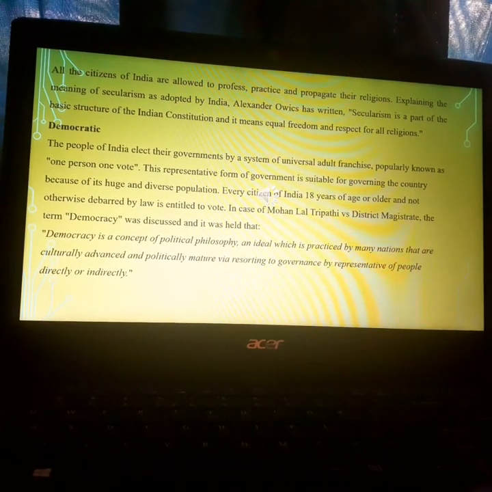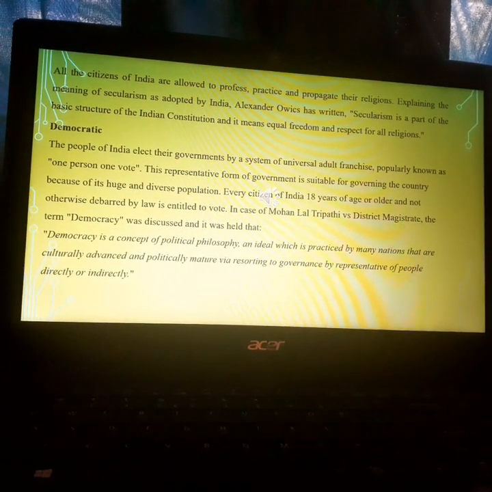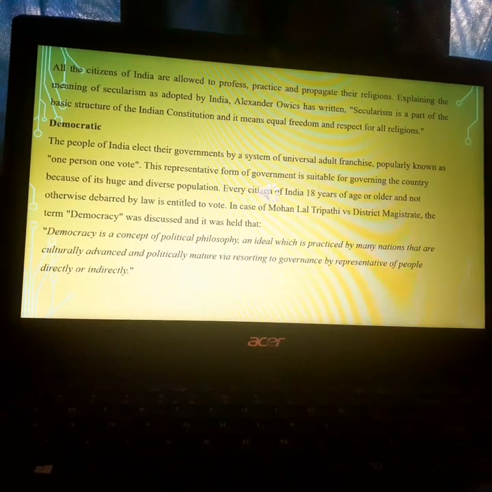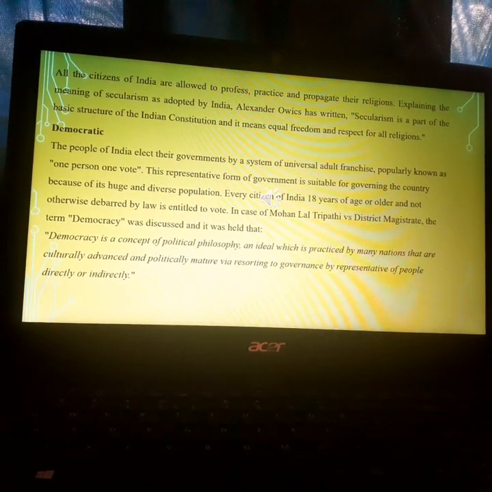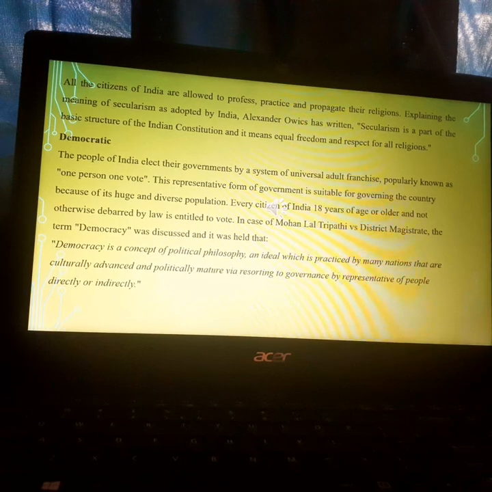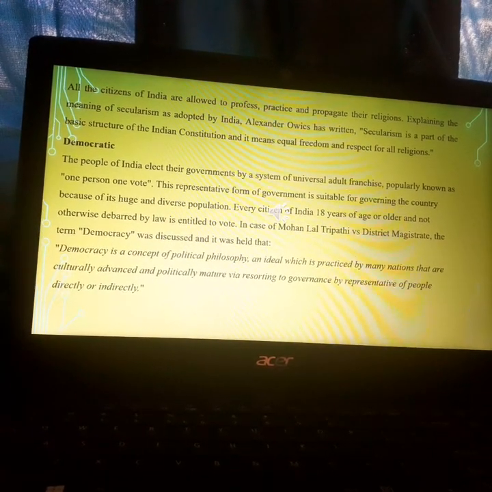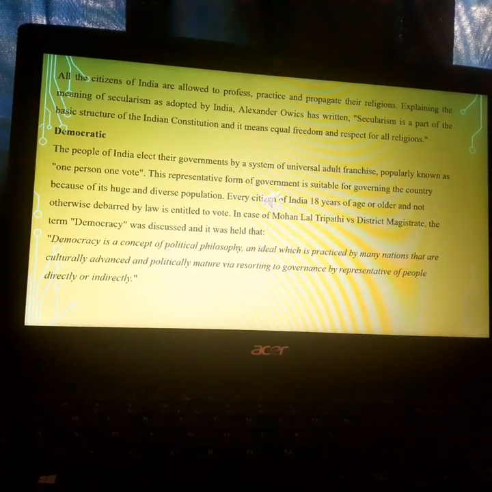In the case of Mohan Lal Tripathi versus District Magistrate, the term democracy was discussed, and it was held that democracy is a concept of political philosophy, an ideal which is practiced by many nations that are culturally advanced and politically mature, via resorting to governance by representatives of the people directly or indirectly.